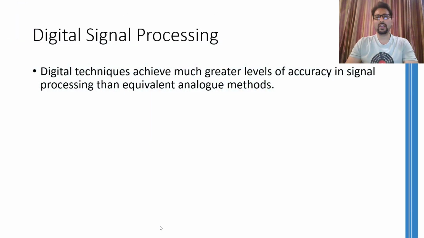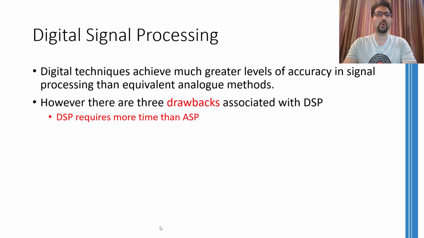I've talked about this in the previous lecture as well, that there are certain drawbacks associated with digital signal processing methods. As the real world is analog, most of the components that we are using nowadays produce analog signals. If we want to process them digitally, then we need to convert those analog signals into digital ones. This conversion requires some time to be completed. Therefore, digital signal processing techniques are inherently slower than analog processing. And as we move from the analog domain into the digital domain, there are certain conversion errors involved.